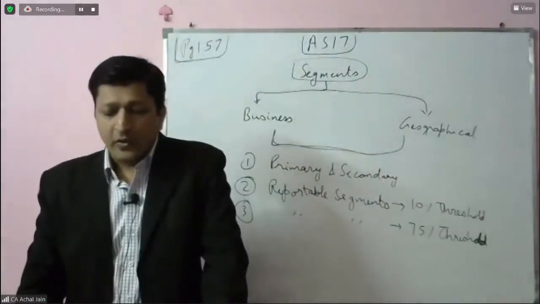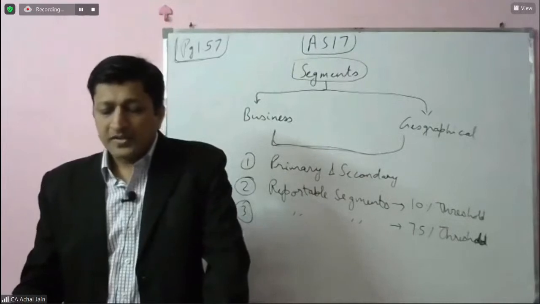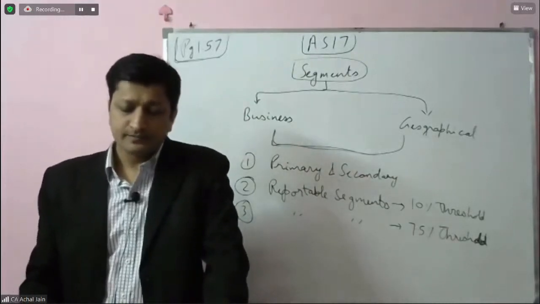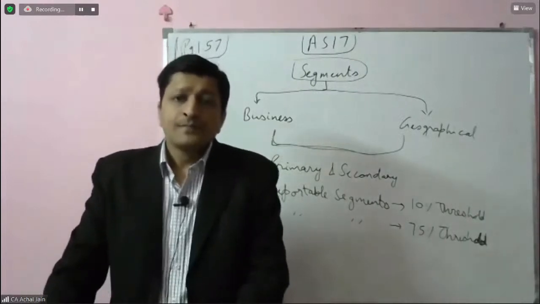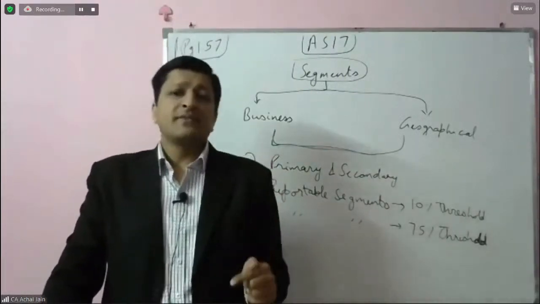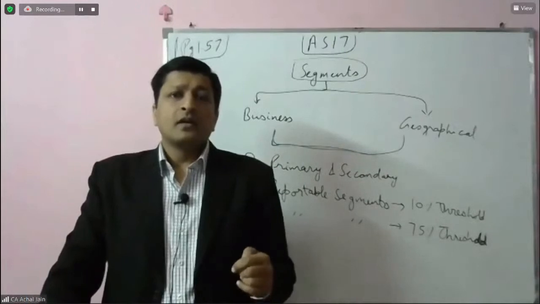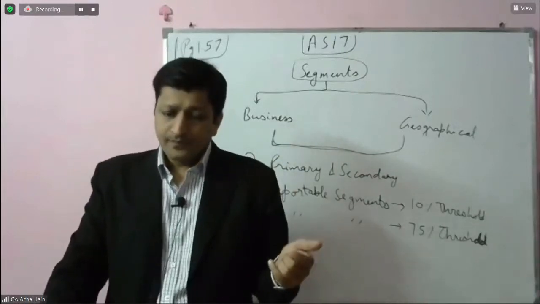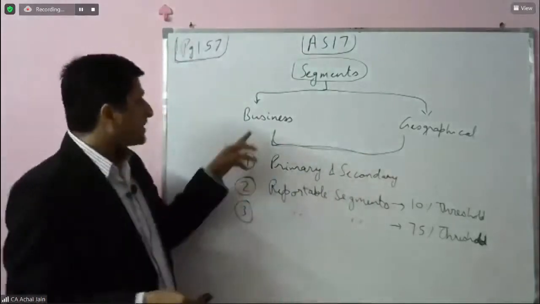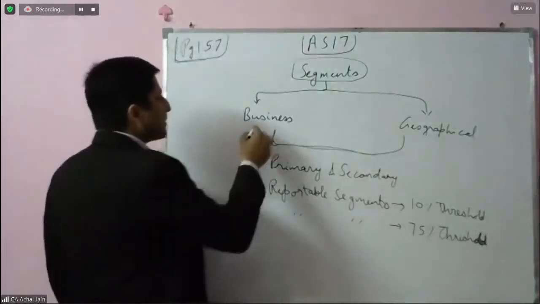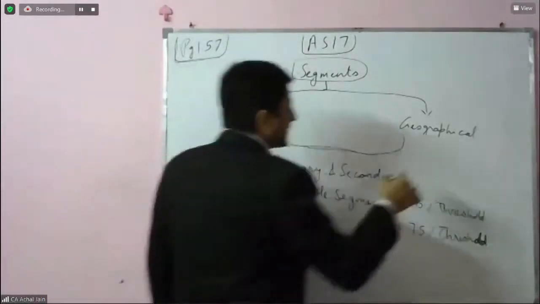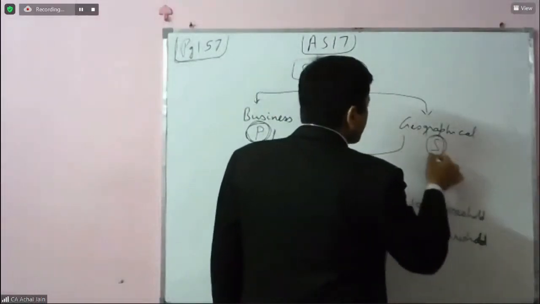Primary reporting format. An enterprise shall disclose the following for each reportable segment. For the reportable segments that we have under the primary segments, so that means something which is primary. Let's suppose this is primary, and let's suppose this is secondary.